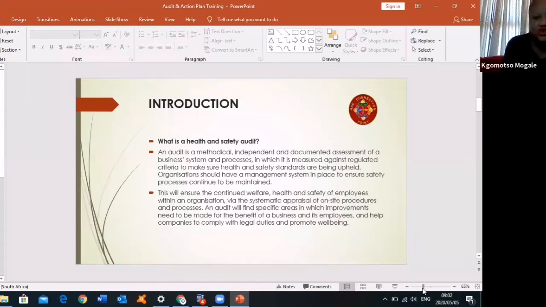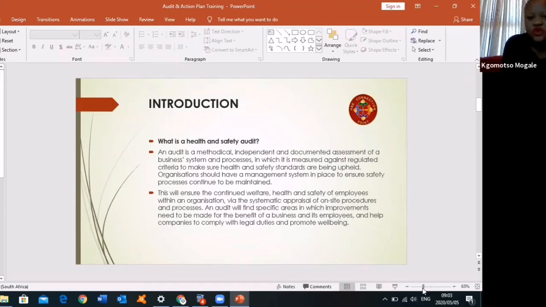Is the company also making sure that the management system that is in place to ensure the safety of the employees is being maintained or not? The audit, they say, will ensure the continued welfare, health, and safety of the employees within the organization via the systemic appraisal of on-site procedures and processes.